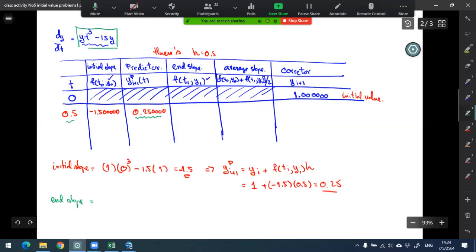This is the end slope. y becomes 0.25. Okay, t equal to 0.5 cubed, minus 1.5 times y, 0.25. Okay, we use this value as a predictor in order to find the end slope.